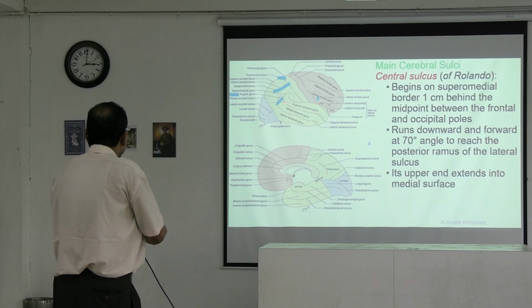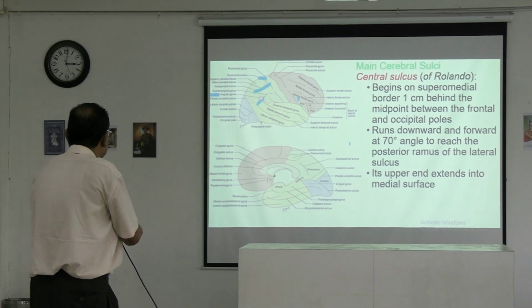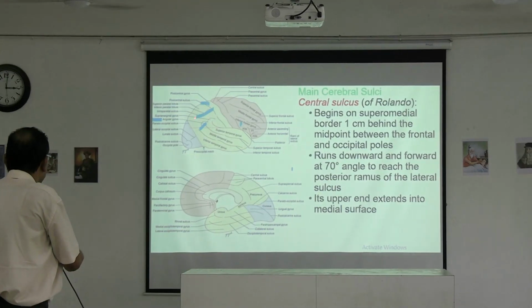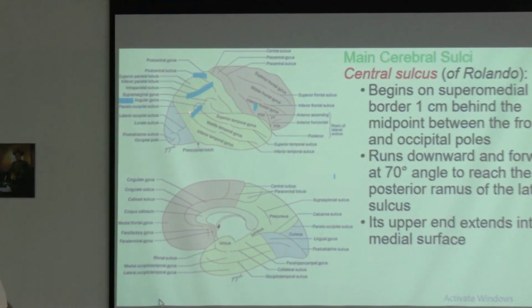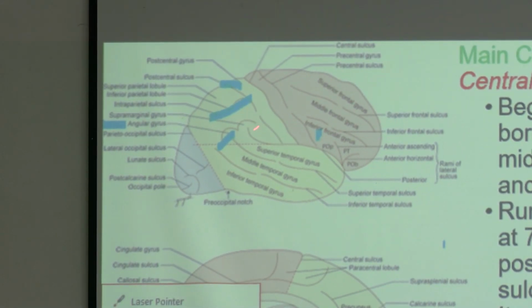Similarly, in the temporal lobe, there are two sulci, the superior temporal sulcus and the middle temporal sulcus. The superior temporal sulcus also reaches the parietal lobe, and over it we get a gyrus called the angular gyrus. So supramarginal gyrus is area 40, and angular gyrus is area 39.